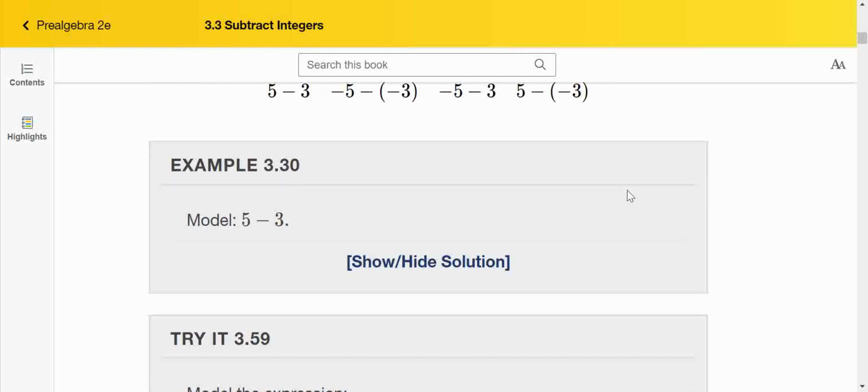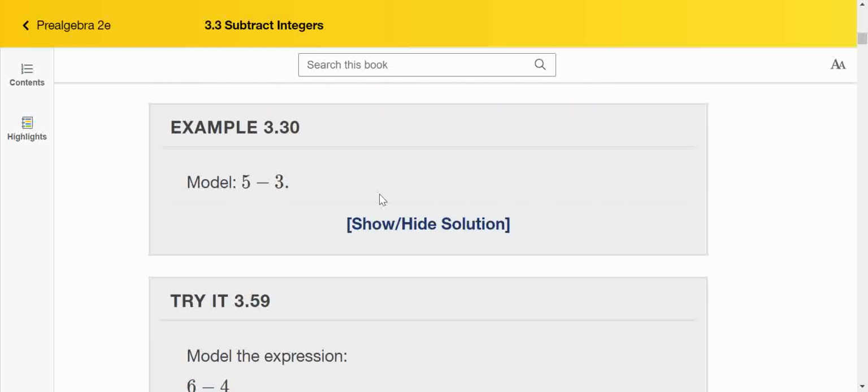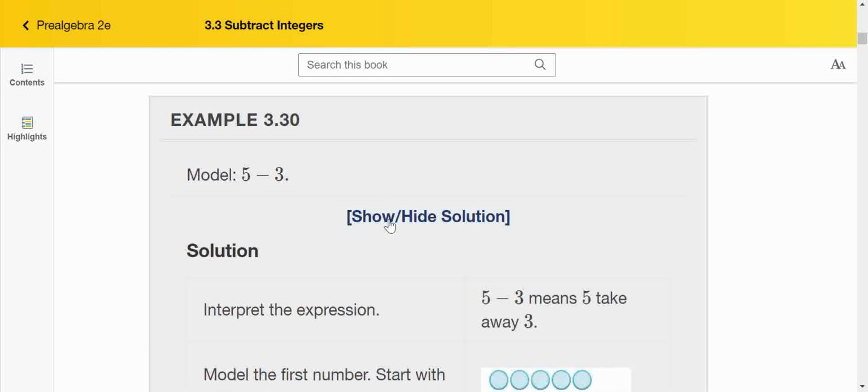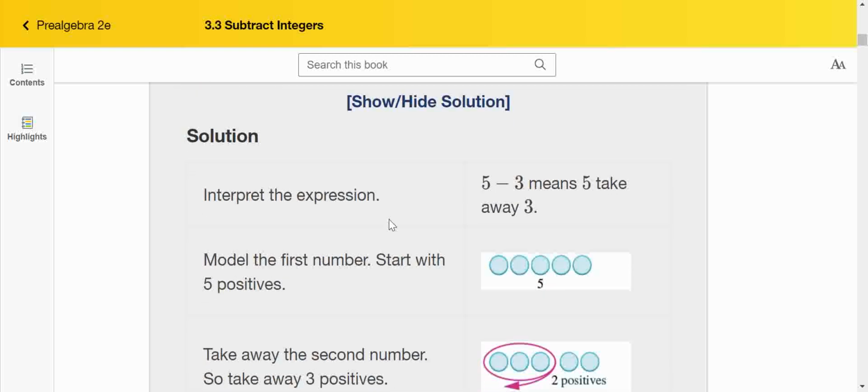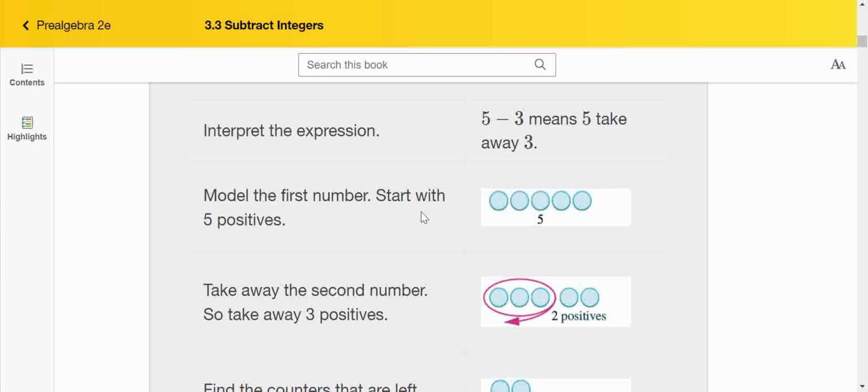Example 3.30, we will model 5 minus 3, and you'll see that, like chapter 3.2, the interpretation is 5 minus 3 means 5 take away 3. Model the first number, start with 5 positives.